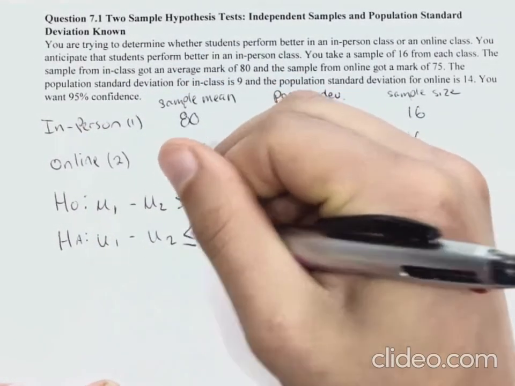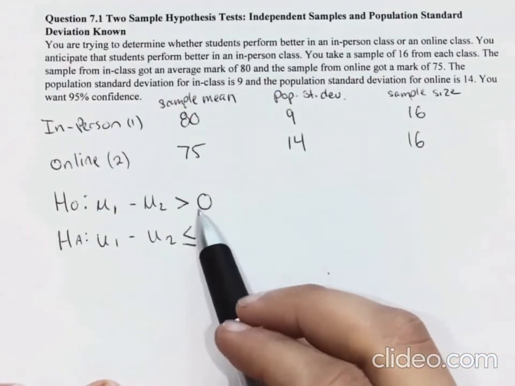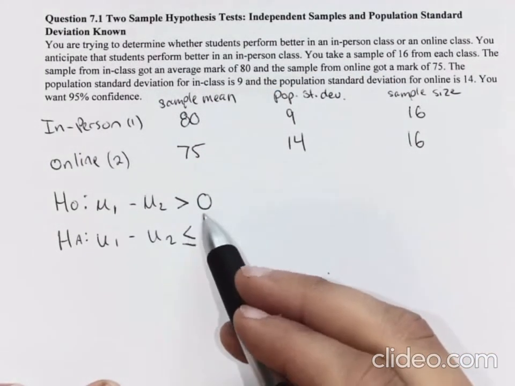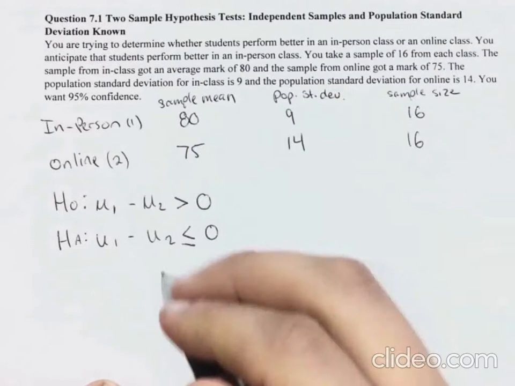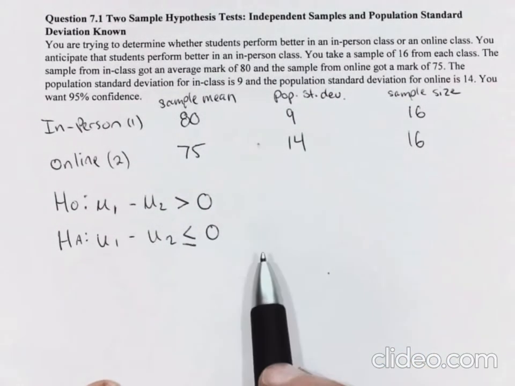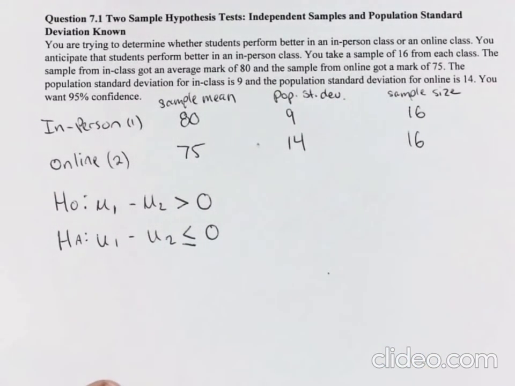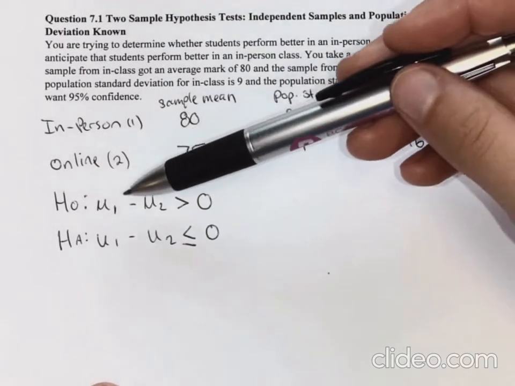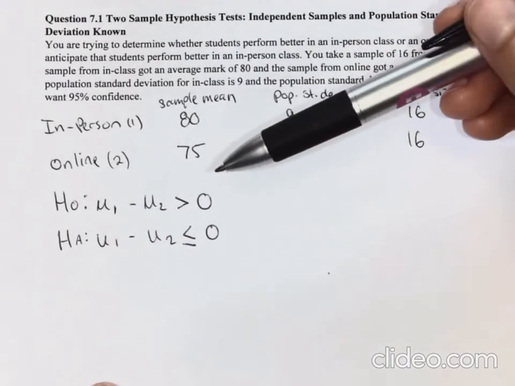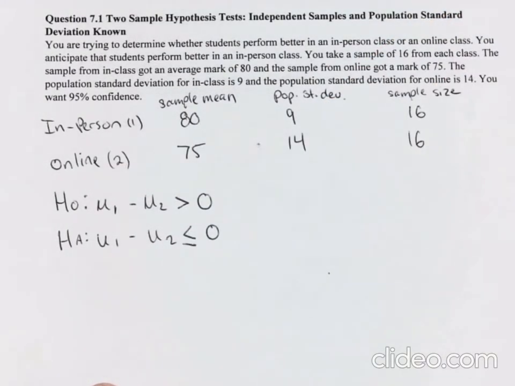Less than or equal to, because this would mean that it's more than 0. So if there's no difference, we would have a difference of 0. It would be less than or equal to 0. So, in plain English, our hypothesis is that in-person classes, students perform better than online classes, shown here.